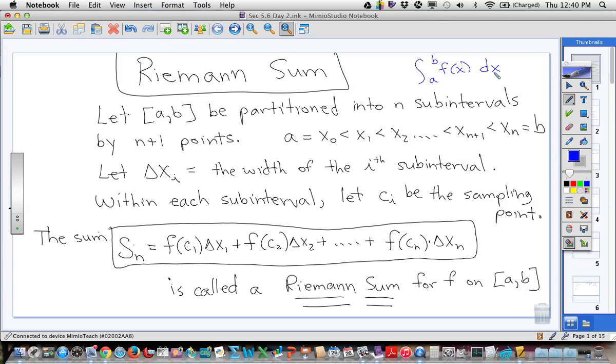So what we're going to do today is get the formal definition of a definite integral using a limit. We talked about it a little bit yesterday. Antiderivatives let us find the area under a curve, but that only works when we can find the antiderivative. So we're going to use this approximation technique to explain what the definite integral is.